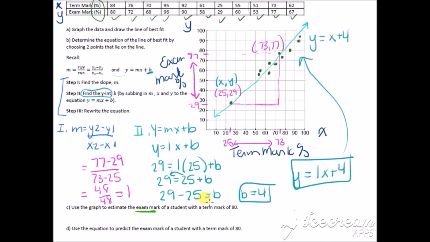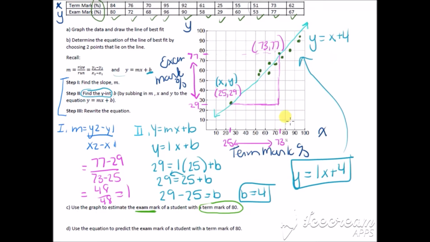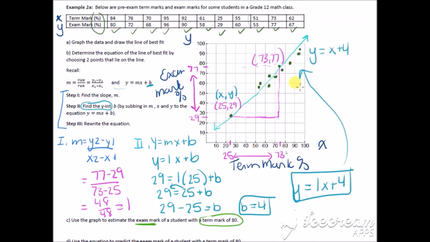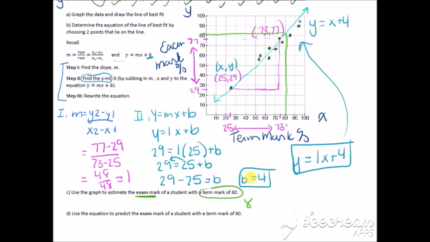Let's look up term mark of 80 and go all the way up to the line of best fit. Let's start with the line of best fit and go over. I'm going to say it's approximately 81. So if we use the graph, we get 81.